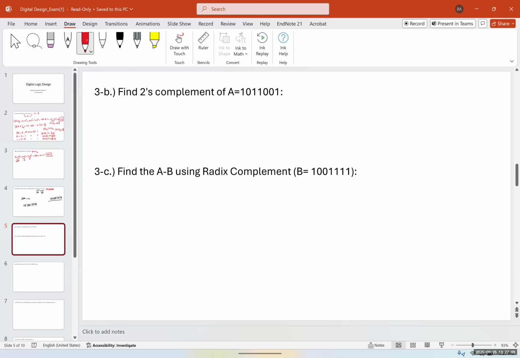So the easiest way is first to find the 1's complement. Simply, we would replace the 0's with 1's and the 1's with 0's. So this would be its 1's complement. And then we would add 1 to it. So the answer would be 0 1 0 0 1 1 1.